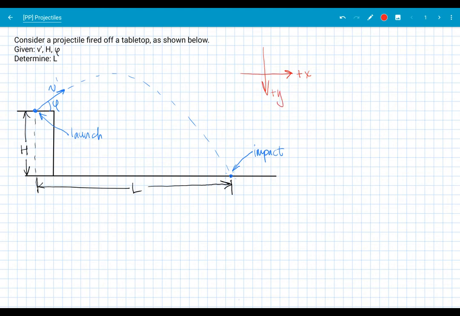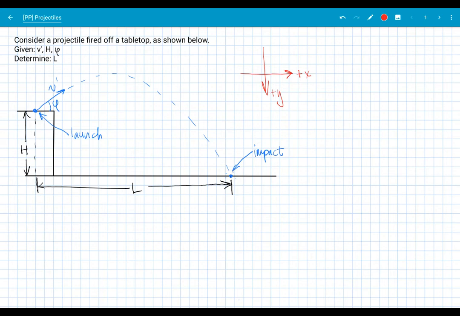So I'm using x for horizontal and y for vertical. Those are conventional choices, and they're choices that will communicate best. Yes, you could pick y to be horizontal and x to be vertical, but it'll be harder to communicate your ideas that way because it will not really be expected.